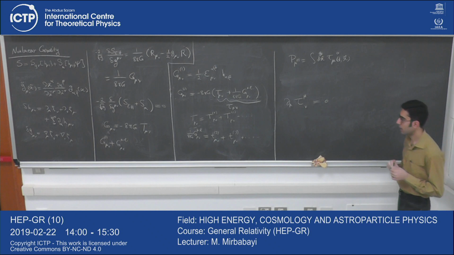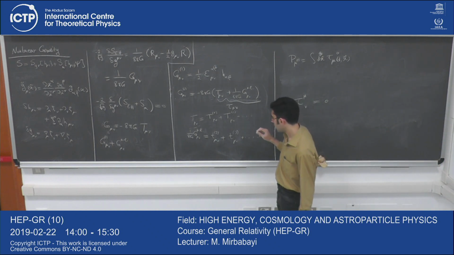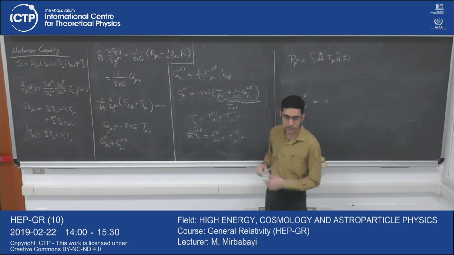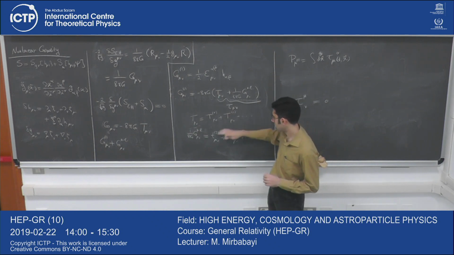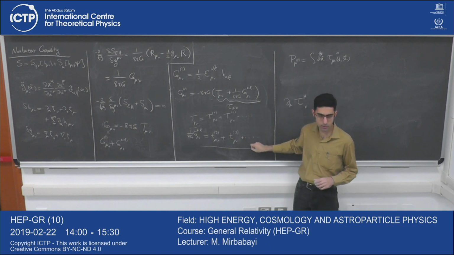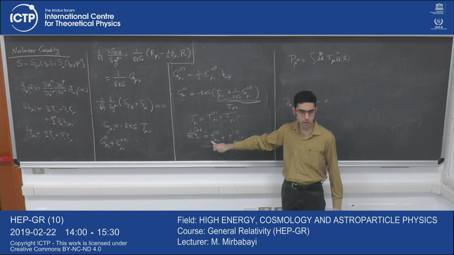In particular, for instance, let's imagine we are away from the matter field. So we are only looking at this part, this second law. Then this is the part that only knows about h mu nu.